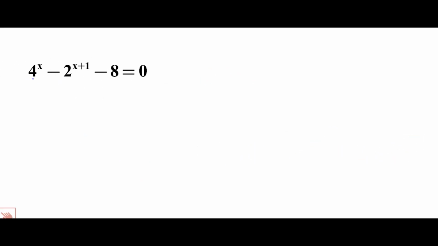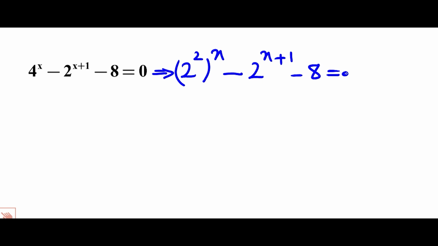Solve for x: 4^x minus 2^(x+1) minus 8 equals 0. First, rewrite the equation. 4 is 2 squared, so (2^2)^x minus 2^(x+1) minus 8 equals 0. So we have 2^(2x) minus 2^1 times 2^x minus 8 equals 0.